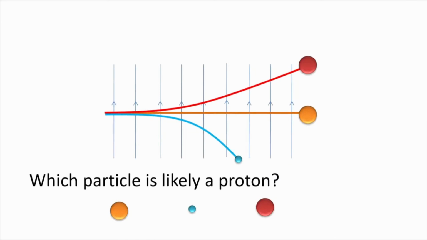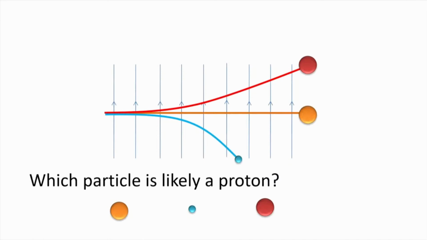Now remember, when a particle is positive, the force that it experiences is in the direction of the electric field. When a particle is negative, the force that it experiences is opposite to the direction of the electric field. That is what we would have discovered in the last lesson.